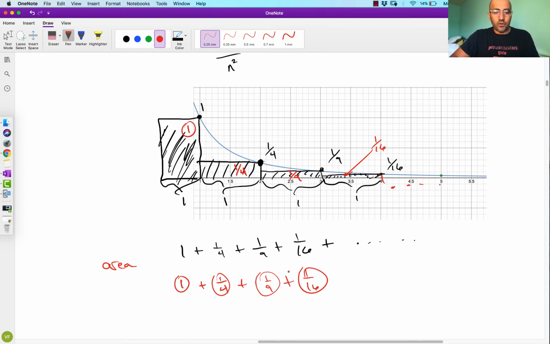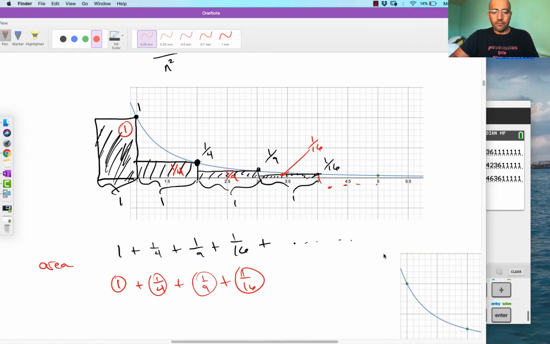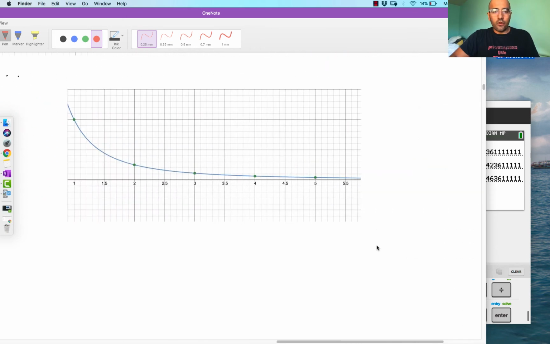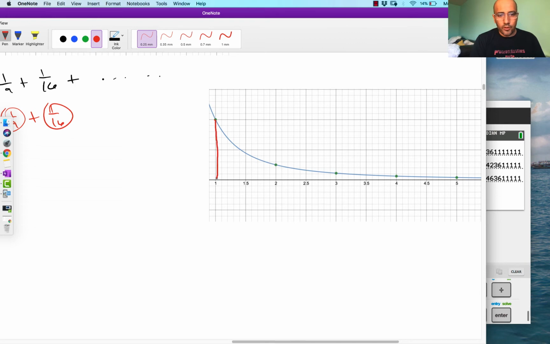So what we want to do is compare the sum of all those black rectangles to the area underneath the curvature starting at 1 going forward, this whole area here. That's what we want to accomplish.